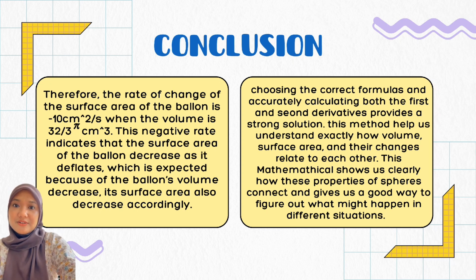By referring to our calculation, choosing the correct formulas and accurately calculating the derivatives provide a strong solution. This method helps us understand exactly how volume, surface area, and their changes relate to each other. This mathematics shows us clearly how these properties of spheres connect and gives us a good way to figure out what might happen in different situations.